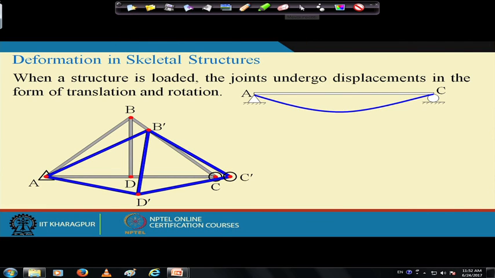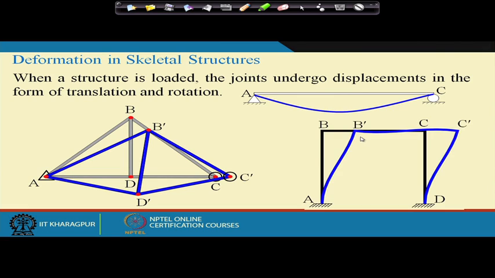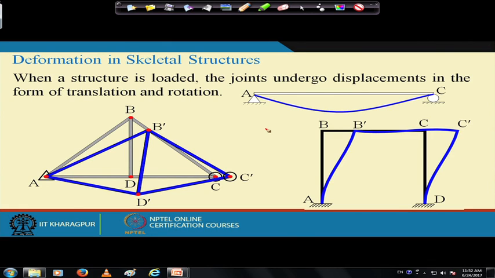Okay. Similarly, if you take a frame like this and it is subjected to a horizontal load, then the blue line that we can see is the deflected shape. So, point B goes to B dash, point C goes to C dash, and points A and D are fixed supports, so they neither translate nor rotate.